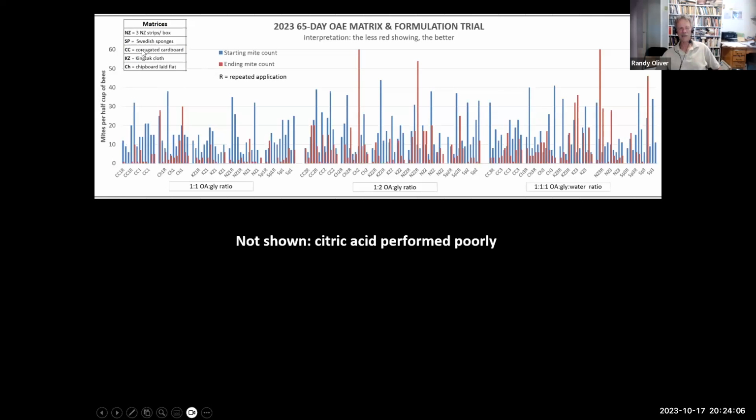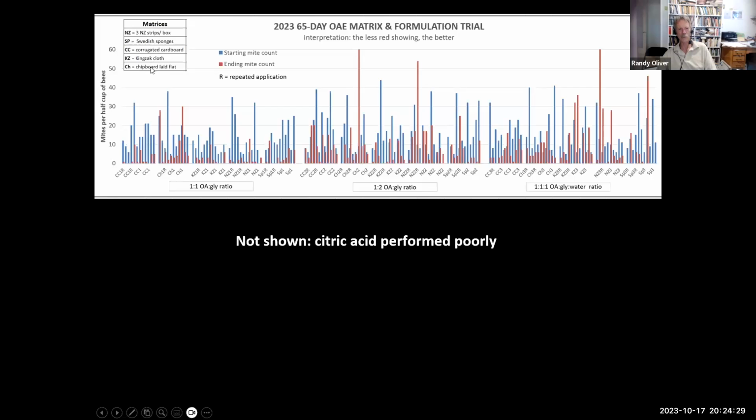I found that those absorb it very well. King Zach cloth is a kitchen towel made in Israel that is very strong and absorbent, and it looked very promising. And then chipboard, that's flat board, similar to what you make the hung strips out of, just laid flat on top.